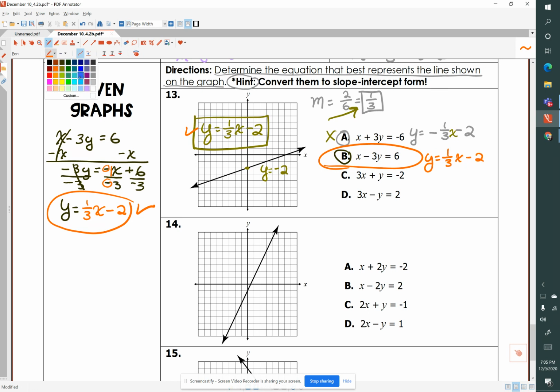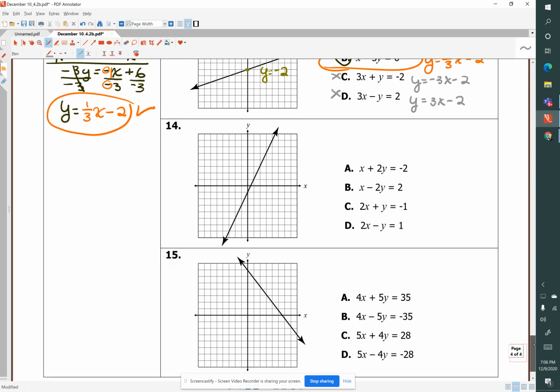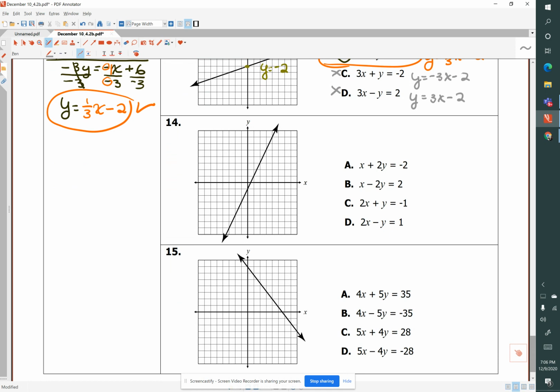I'm going to go back to the other color. C would convert to y equals negative 3x minus 2, and D would convert to y equals 3x minus 2, and those would both be incorrect. So let's move on to number 14. Now, these problems, 13, 14, and 15 students, are very typical.